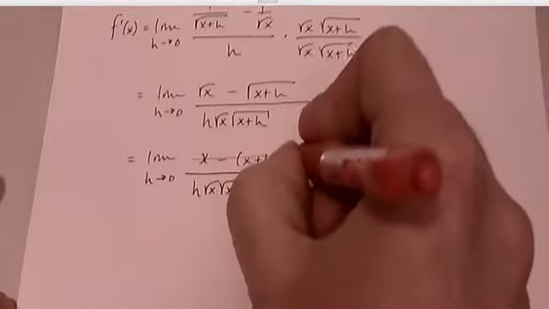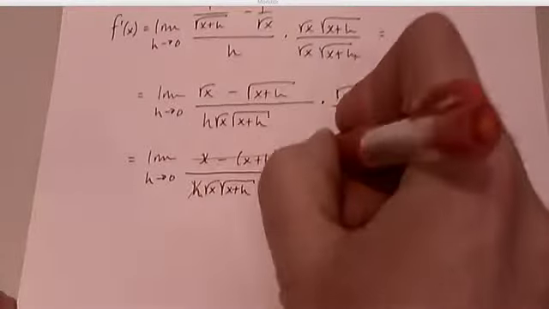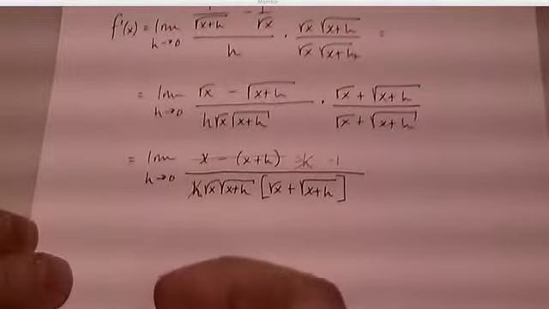Now, I'm going to do a couple steps in one because I really don't want to rewrite all of this. This is going to simplify into negative h when I distribute the negative. Then I can cancel out with that h in the denominator and just be left with a negative 1 in the numerator. So I did two levels of simplification. One was addition-subtraction simplification in the numerator after distributing the negative, and the second one was canceling of factors from the numerator and denominator, namely the h. I hope everyone stayed with me on that one.